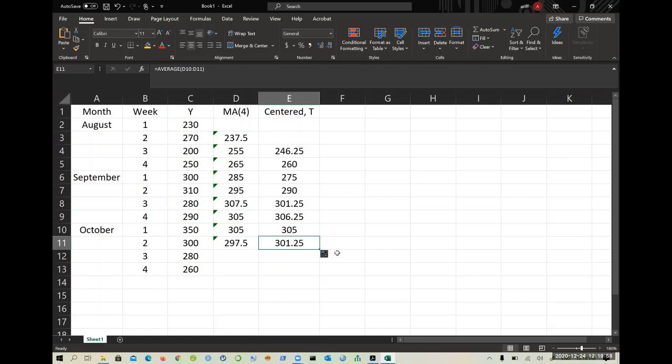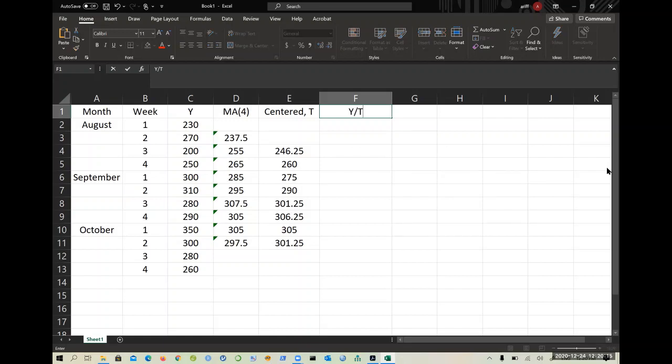So do not stop your trend calculation table because your trend table is not complete without the variation table, because you're going to use the variation column for the next calculation. So to calculate the variation, you just need to take y over t and then multiply with 100. You only do this for those lines that have the value of t.